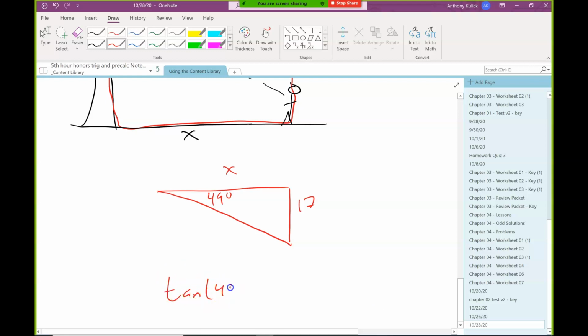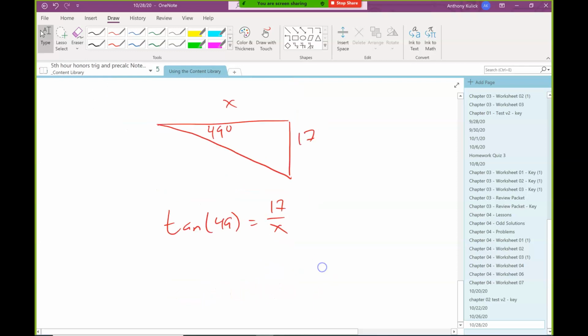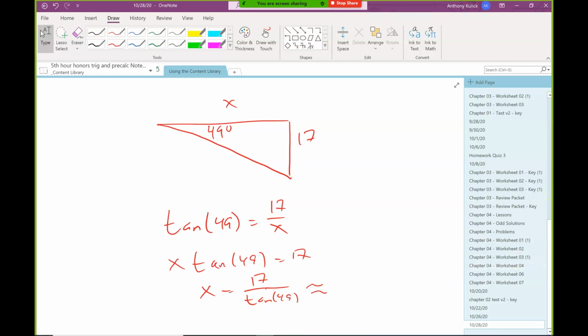Tangent, because it's opposite over adjacent. I cross multiply, and I get x times tan 49 is equal to 17. And then if I divide by tan 49 on both sides, and type that into my calculator, I get about 14.78 feet.